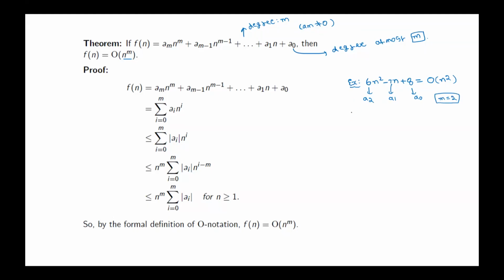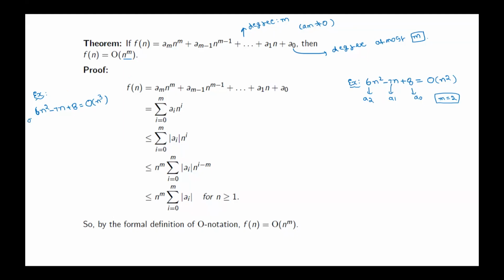Another example, if you want. Say f of n is 6n square minus 7n plus 8. Can we say that it is big O of n cube?